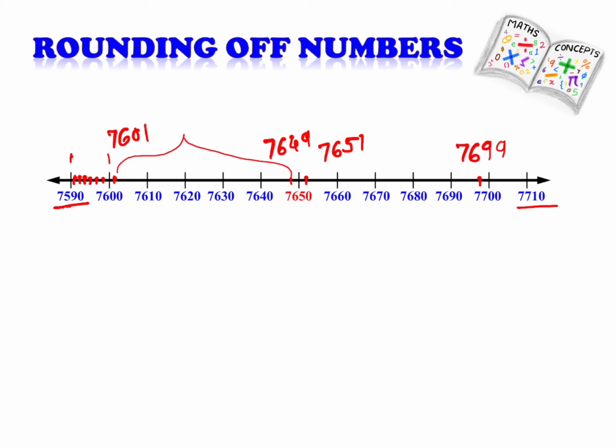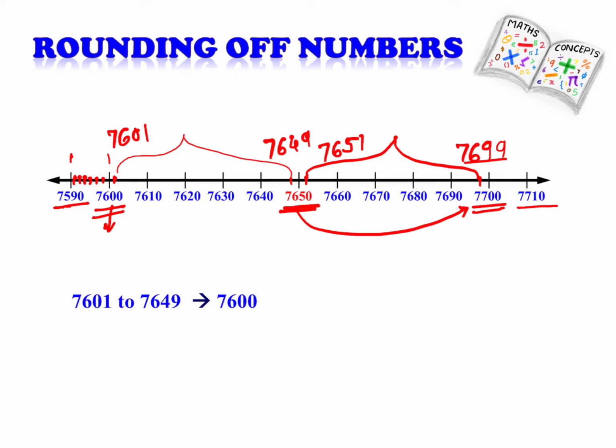Here all numbers from 7601 to 7649 are closer to 7600. The nearest 100 is 7600, and all numbers from 7651 to 7699 have nearest 100 as 7700. Again, this one is the middle number and gets rounded off to 7700.